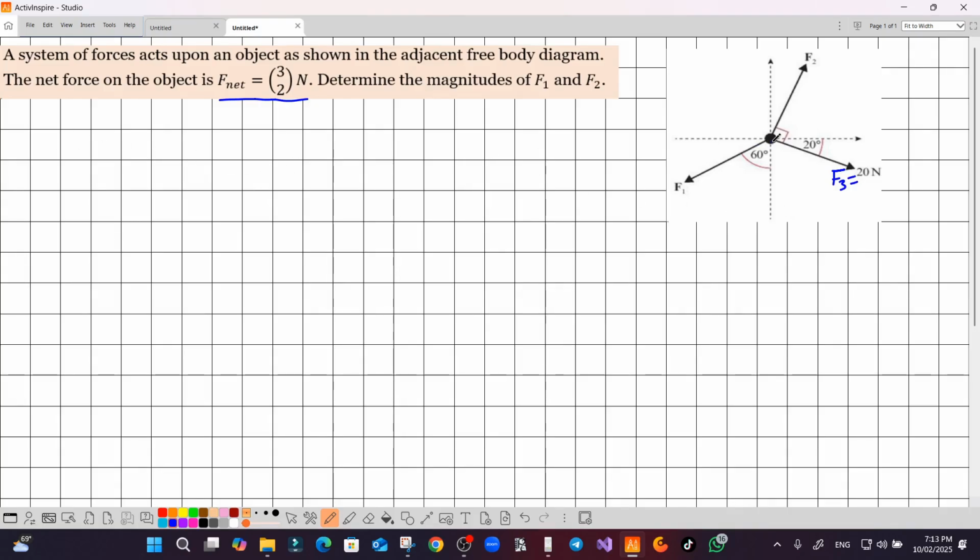We know that whenever a force does not align along one of the axes, such as the x-axis or the y-axis, in this case, we need to break down the force into two components, the x component and the y component.